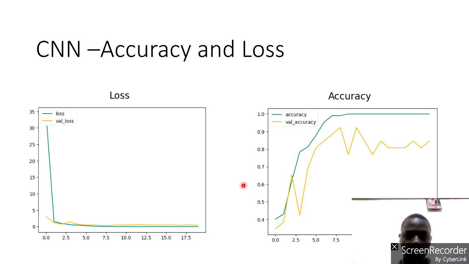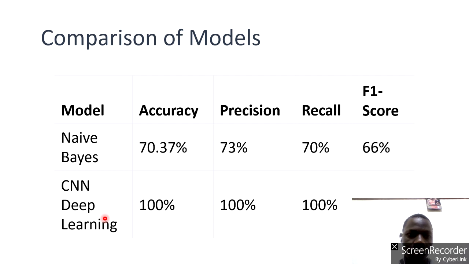This is the graphical representation of the different epochs. At the bottom are the epochs, and here it's the accuracy or loss for this graph. As you can see, my model performed quite well. The learning rate improved, so it converged quite fast, and the loss decreased fast, which is good. In terms of comparison, the CNN deep learning model performed better than the naive Bayes model.